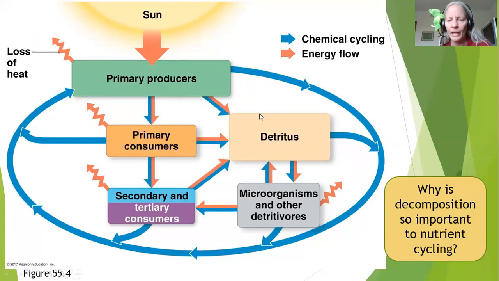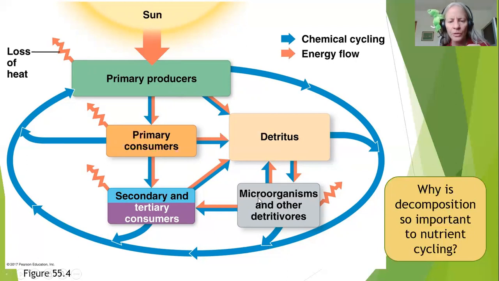Well, clearly, if it weren't for these microorganisms and other detritivores that are decomposing dead and decaying material, or detritus, then a lot of these nutrients would not be recycled.